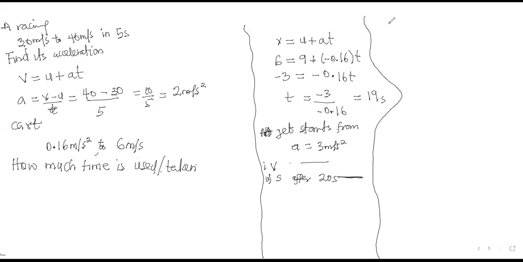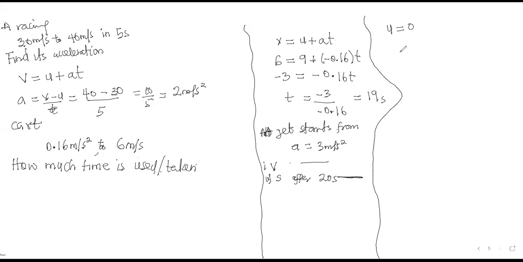So it starts from rest, meaning that the initial velocity is 0. When a body starts from rest, it simply means that the initial velocity is 0. When it comes to rest, the final velocity is 0.